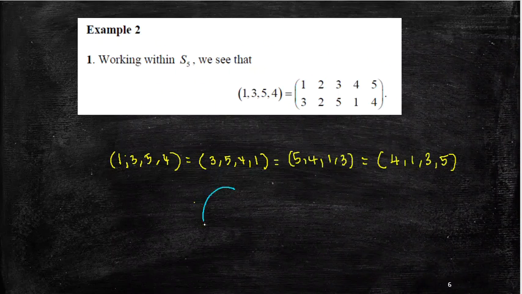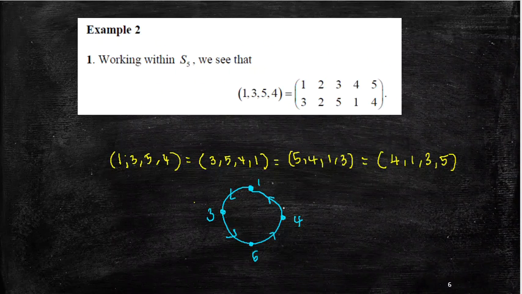Right, since we have a cycle of 1, then 2, 3, 3 to 5, 5 to 4, 4 goes back to 1.